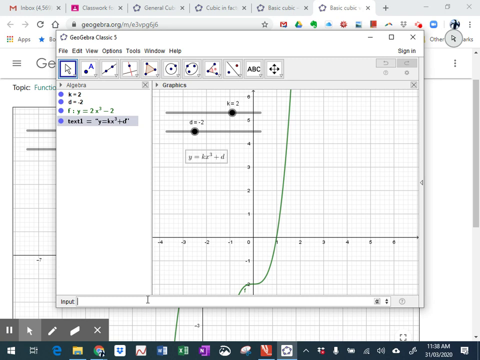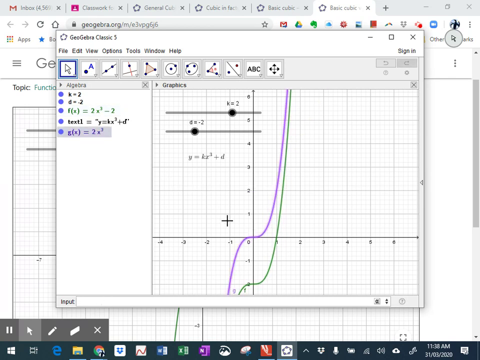Because if I type in another function, g of x equals k times x cubed, the basic one. I put too many brackets there, and that didn't work, so let's undo that and type in g of x equals k times x cubed.